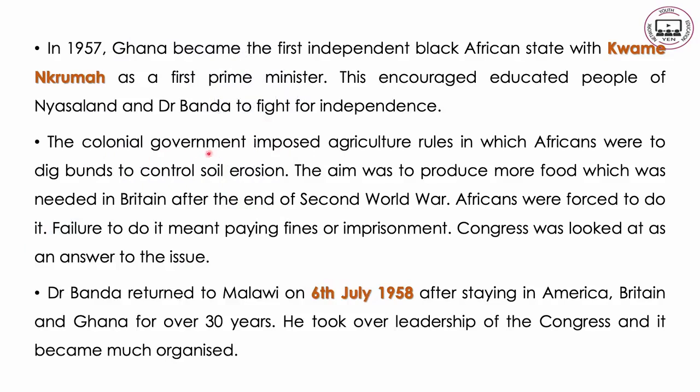And the colonial government imposed agricultural rules in which Africans were to dig bands to control soil erosion. So the aim was to produce more food, which was needed in Britain after the end of the Second World War. So Africans were forced to do it, and failure to do it meant paying fines or imprisonment. So the Congress was looked at as an answer to the issue.